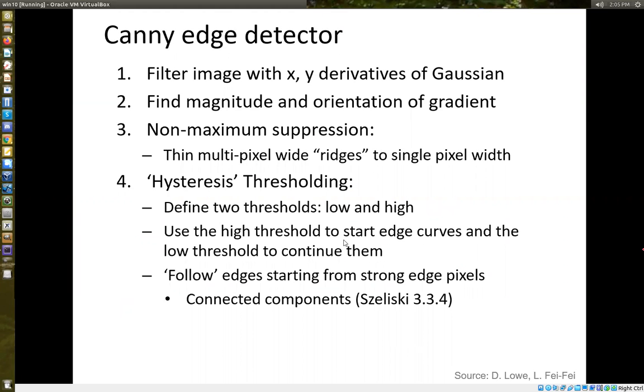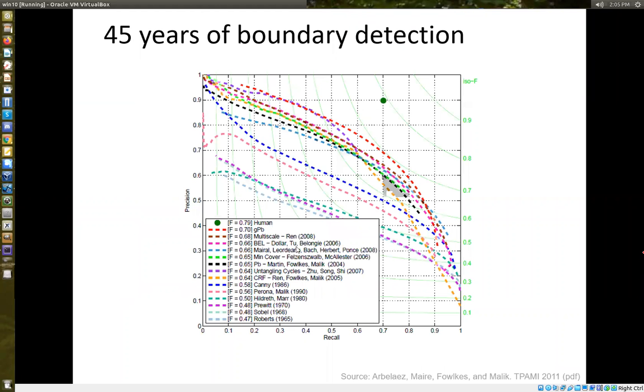I guess that's actually beyond Canny detectors. The Canny detector is work from the 80s, and there's still lots of work afterwards. At least I don't work on edge detection. I don't feel that it's a very active research area, but it's something you will use all the time.